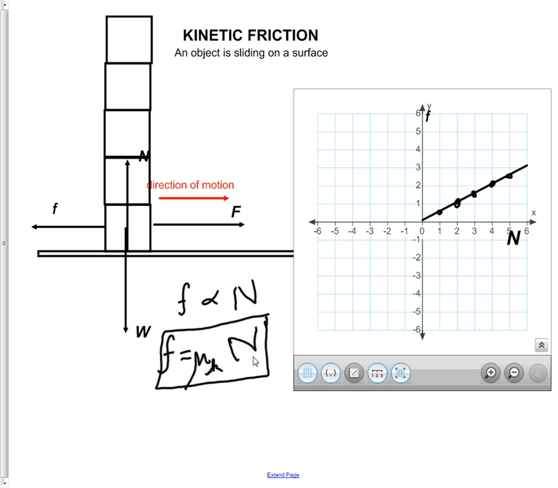You can always use a formula. We always like to have an equation we can stuff things into, right? Well, as long as the thing is sliding, we can easily calculate what the frictional force is. If the thing is not sliding, we cannot necessarily easily calculate what it is.